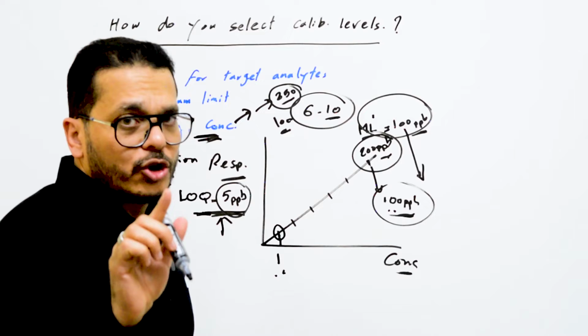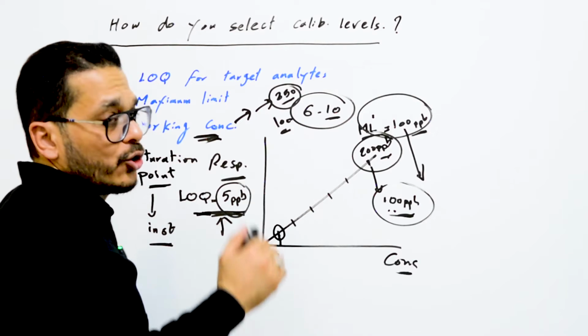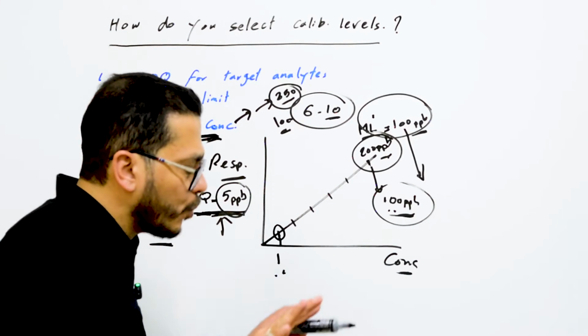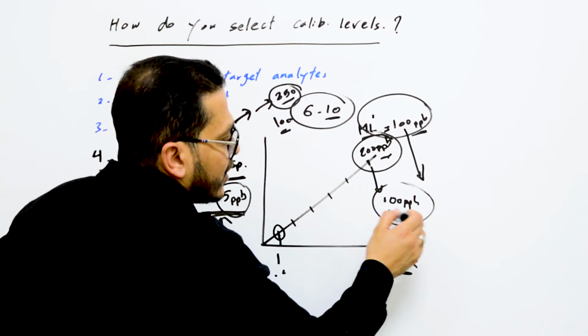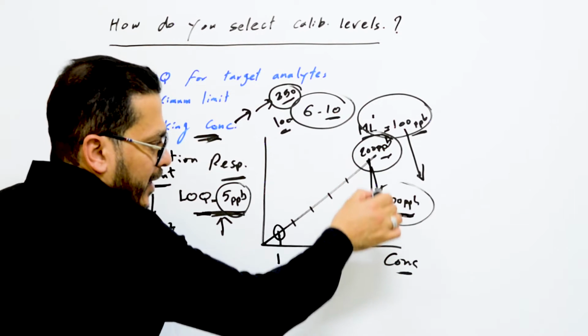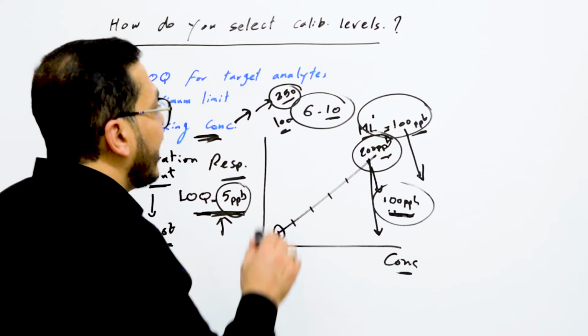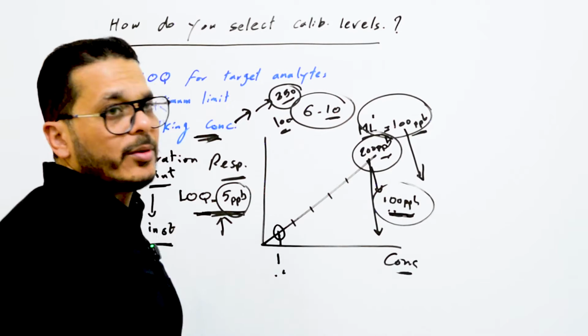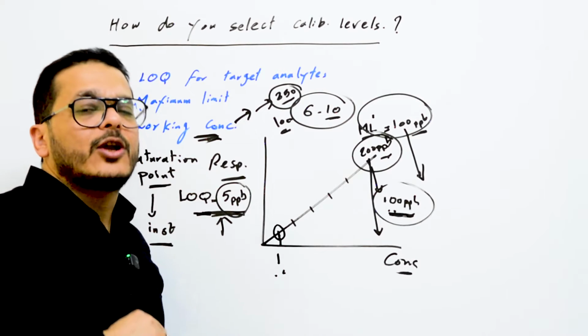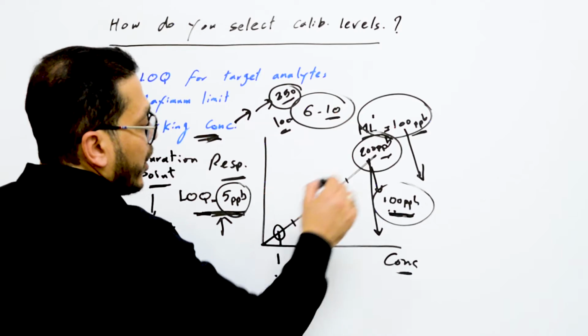But if you cannot go for this concentration or higher, no problem. You can just add your maximum limit as the highest level, which is 100 ppb, and any sample higher than 100 ppb will be diluted to be included in between your calibration levels.